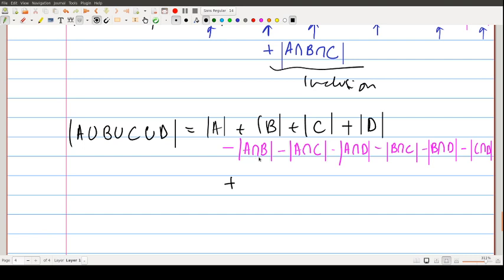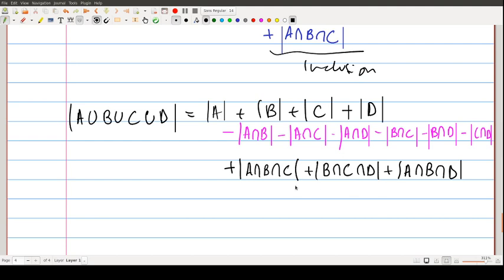and now we're looking for the intersection between three of these. So the first one is going to be A intersection B intersection C plus B intersection C intersection D plus what else? So if I remove B and include D here, so that's A intersection B intersection D, what else?